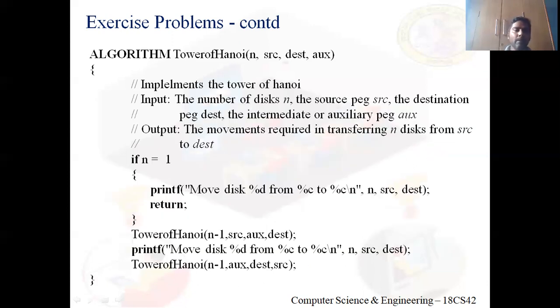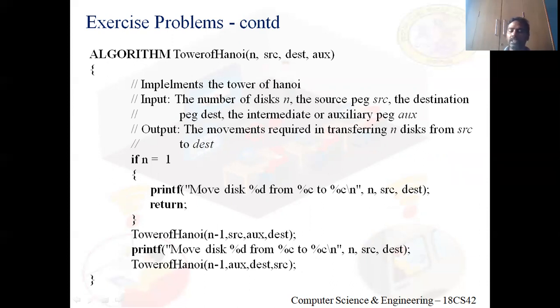So first, see here. If n equals 1, there is only one disk. This is the initial condition. There's only one disk on the source. I can directly move the disk from source to destination.